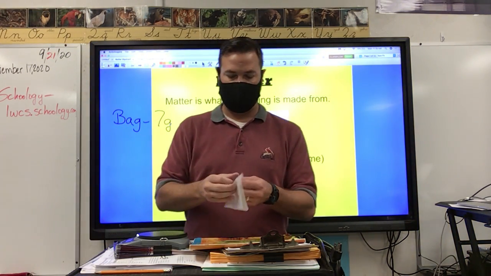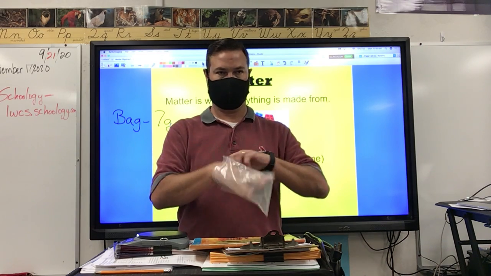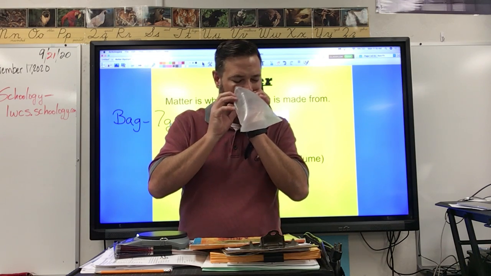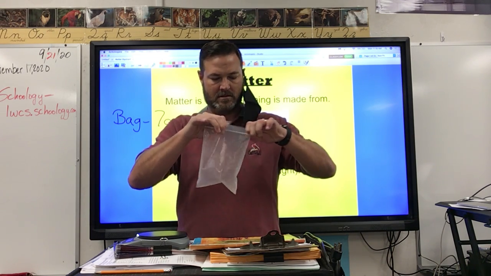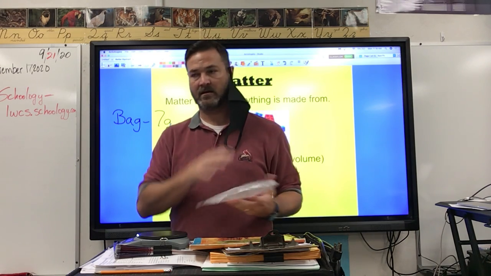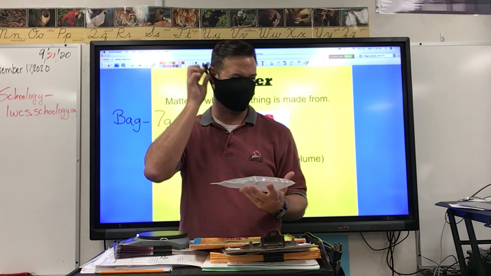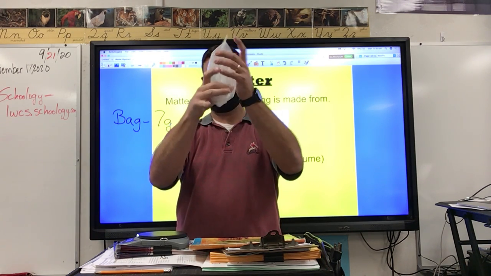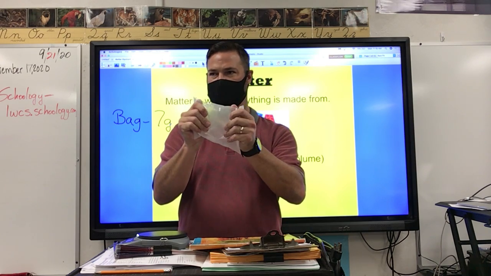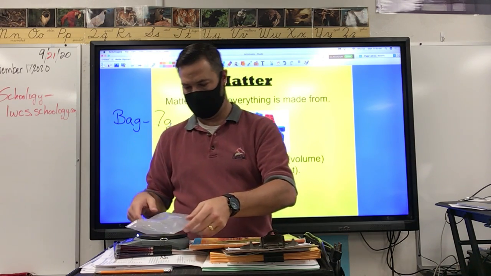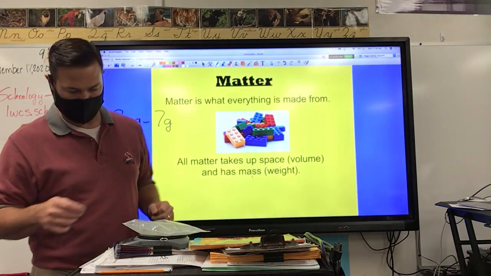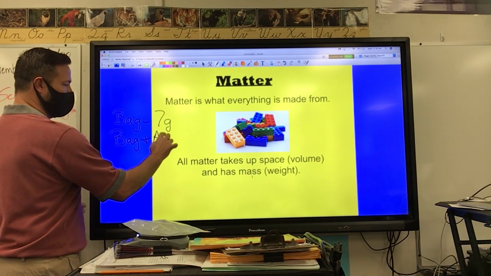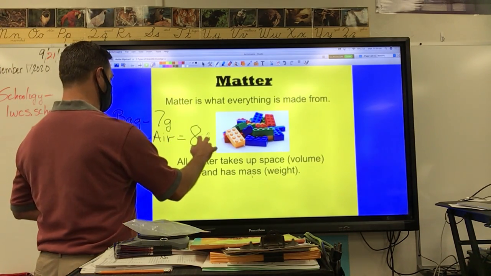All right. Let me ask this: if I filled it with air, I now have air in it. Everybody with me here? Is that air taking up space? It's taking up the space in this bag. But does it weigh anything? If I weigh the bag and air, it weighs 8 grams.